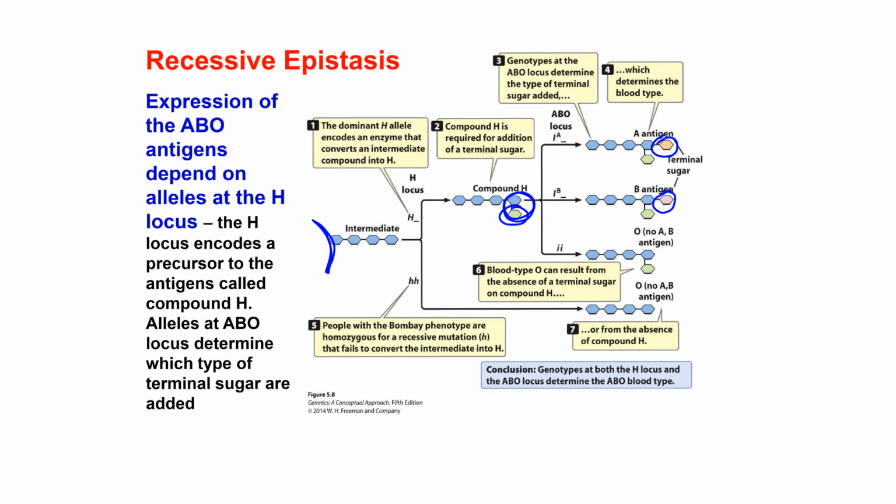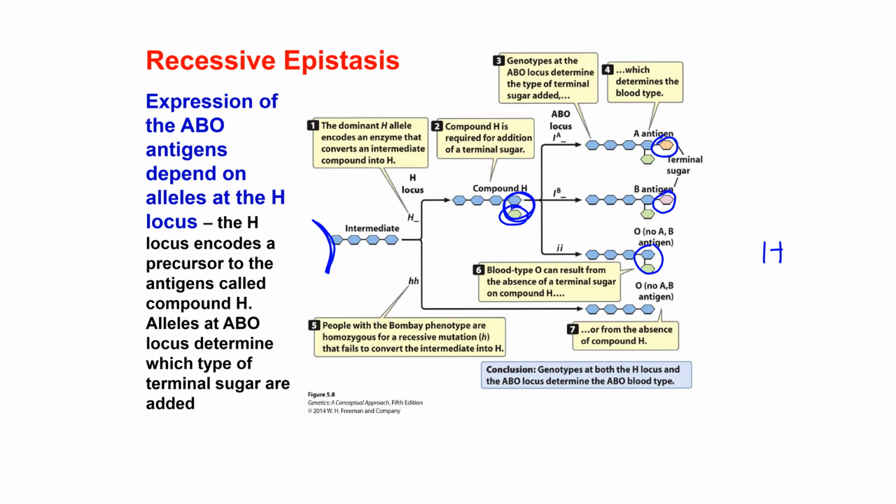This addition is controlled by an enzyme which is encoded by gene H. Once the fucose is added, it creates the H chain, which forms a base for enzymes to add the terminal sugar, if the person has that enzyme. If he doesn't have it, he would be blood group O.